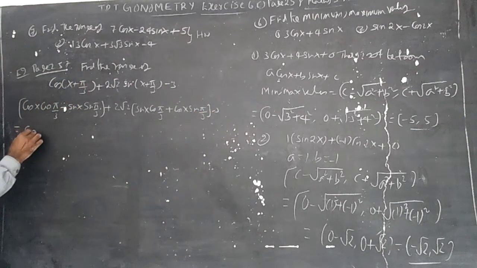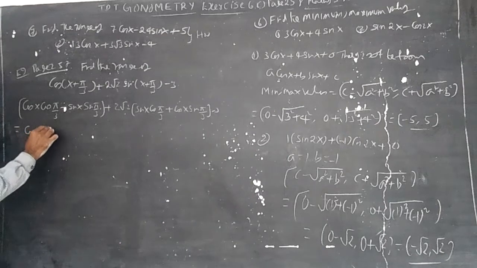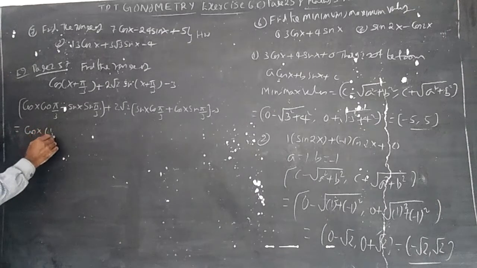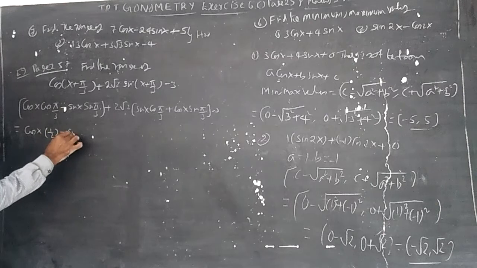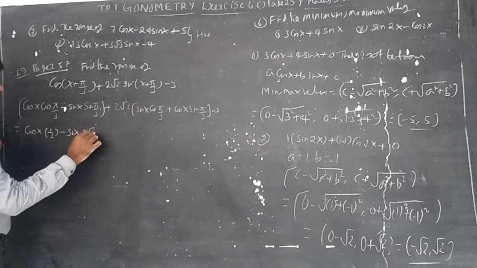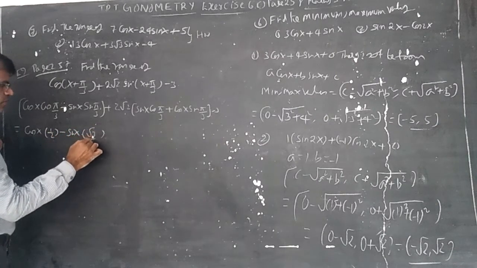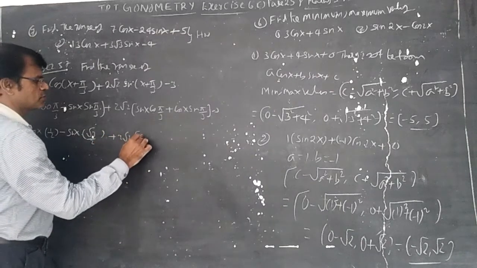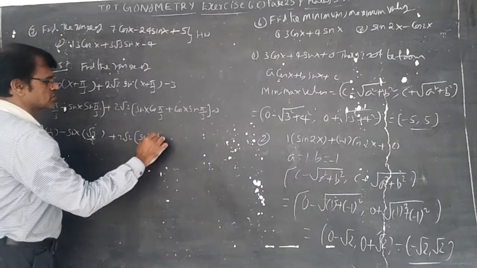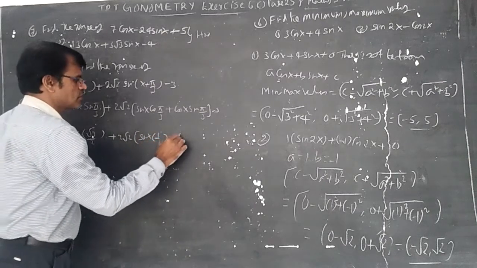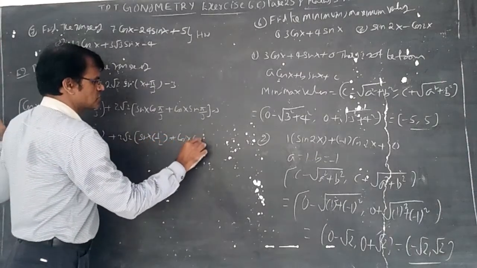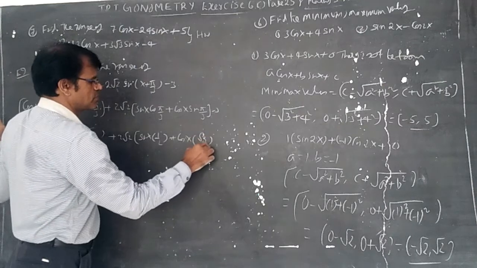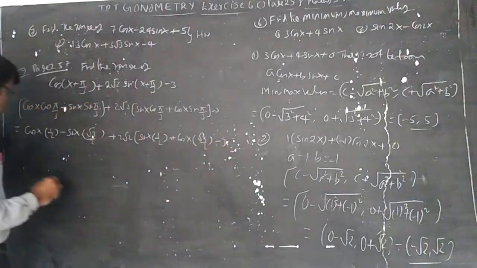That is equal to cos x into cos 60 value 1 by 2 minus sin x into sin 60 value root 3 by 2 plus 2 root 2 into sin x into cos 60 value 1 by 2 plus cos x into sin 60 value root 3 by 2 minus 3.